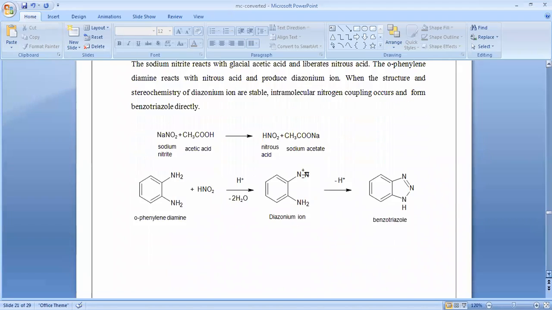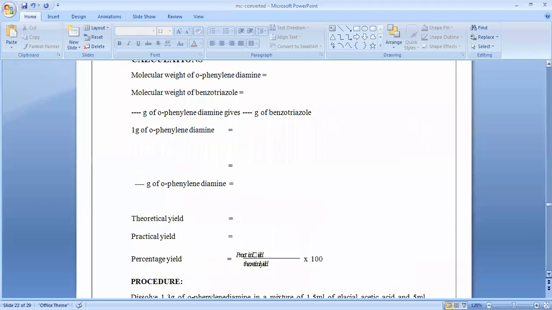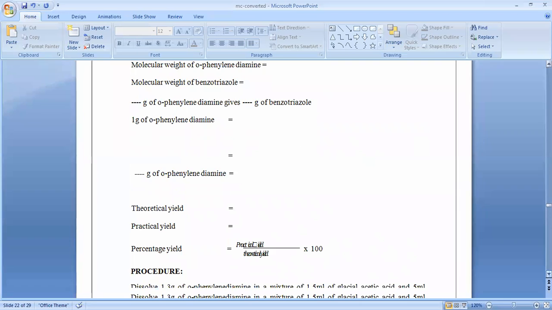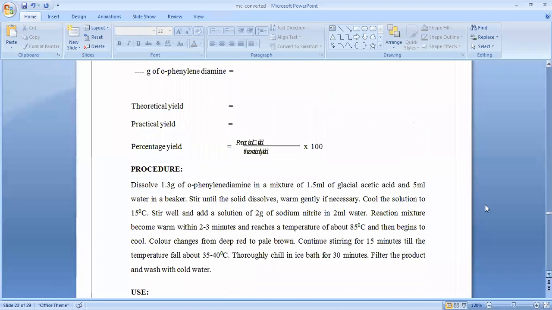Now what will be the procedure we are going to follow for this particular synthesis? The procedure is: dissolve 1.3 gram of orthophenylenediamine in a mixture of 1.5 ml of glacial acetic acid and 5 ml of water.